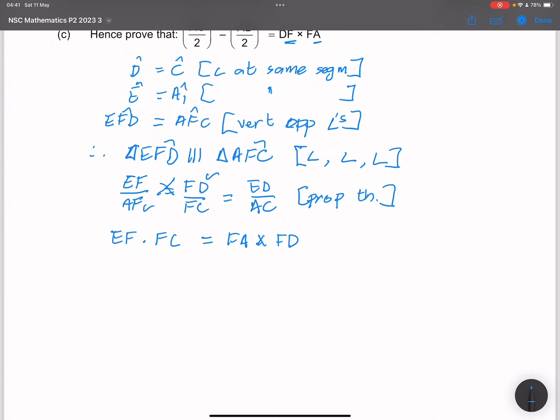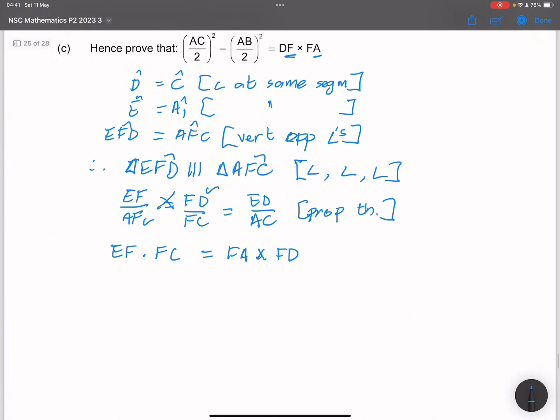Right. Now, in this case, our right-hand side is already proven. Okay, let's write it in the way that they have it there so that you can see it. So we said DF times FA, it's the same thing if I say AF and FD.